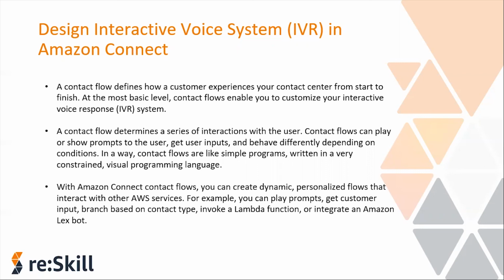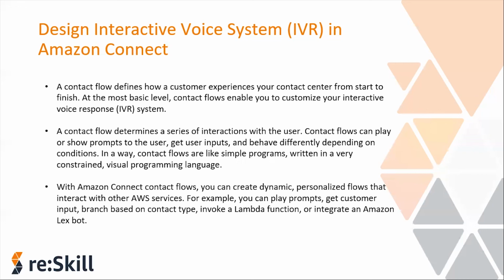So with Amazon Connect contact flows, you can create dynamic, personalized flows that interact with other AWS services. If you remember, we saw a whole bunch of categories of services that interact with Amazon Connect: storage, AI, analytics, security. You can also invoke a Lambda function, which is serverless compute, to perform backend operations.